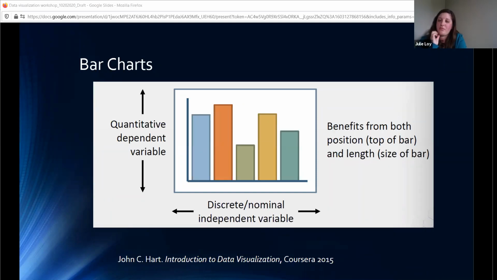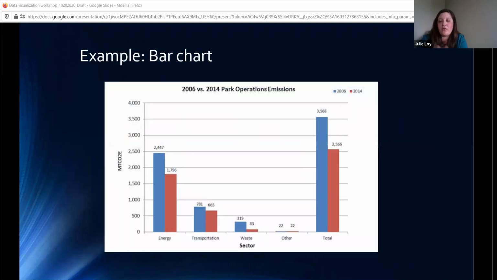Oh yeah, here it is. Here we are comparing the 2 years, 2006 and 2014, and also looking at park operation emissions. Down here at the bottom, you can see energy, transportation, waste. So that's looking at several categories and also changes over time. Good example.